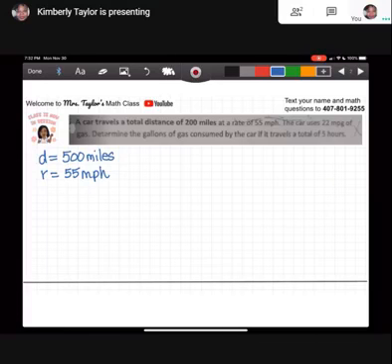So we're working with the basic definition or formula, and I'll put it up top. Distance equals rate times time. So in order to find the time, it is going to be the distance over the rate, or in this case, it'll be 200 miles over 55 miles per hour.